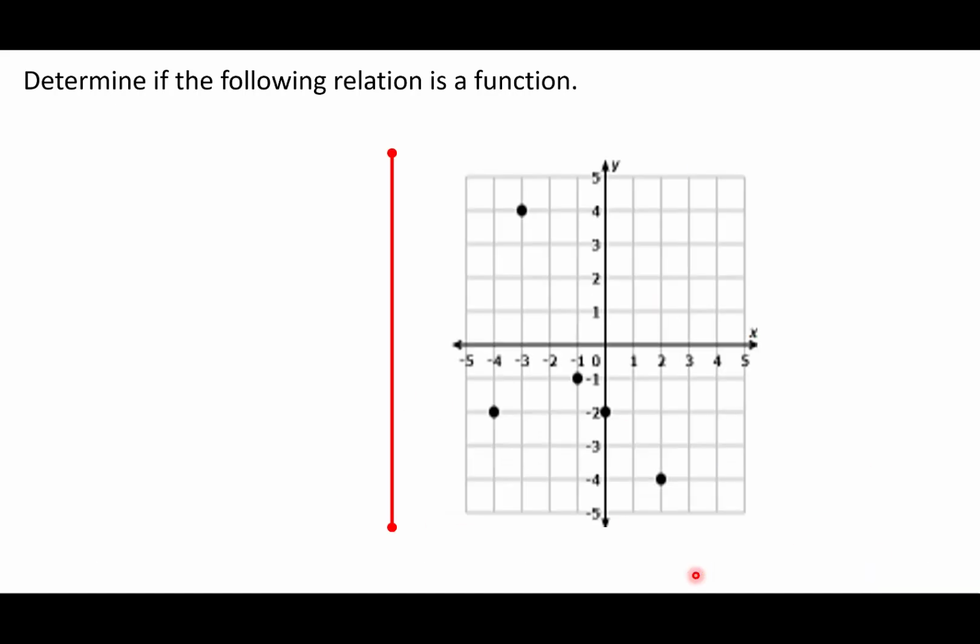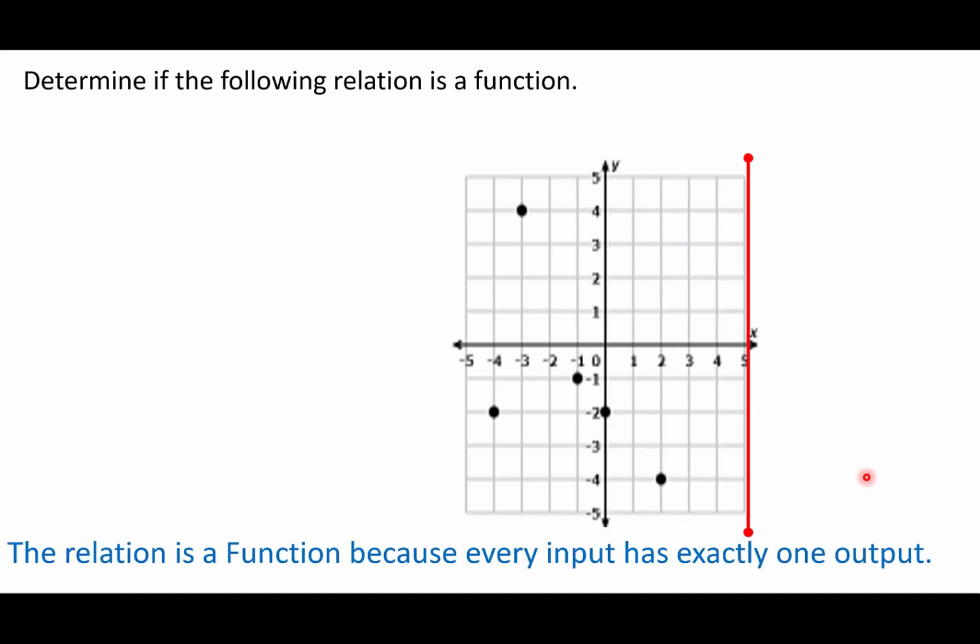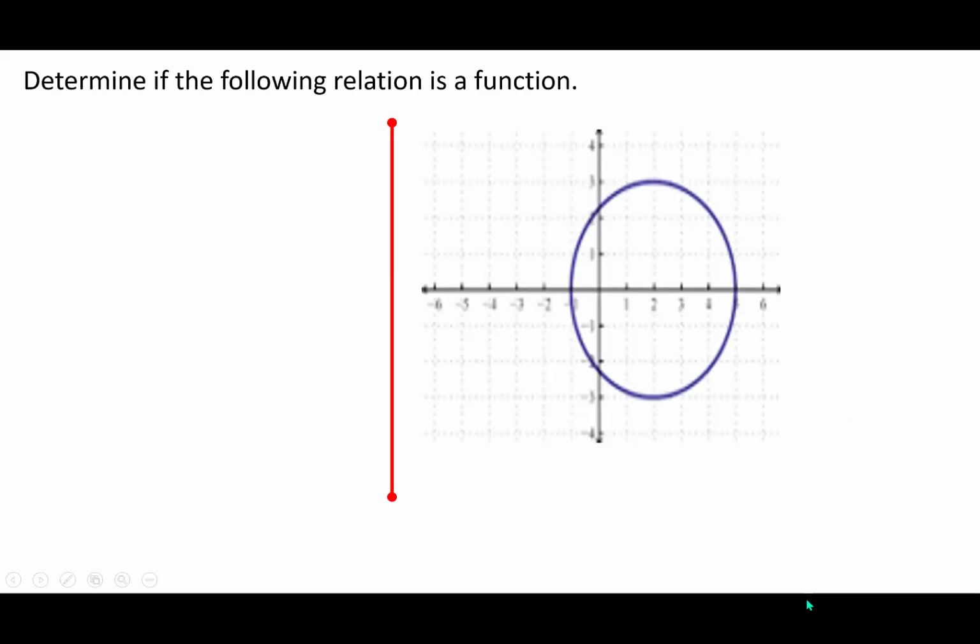All right, we're going to look at another one. So watch these dots. Notice we only hit one at a time. So this one is a function because every input has one output, or we could say it passes the vertical line test. And is this relation a function?